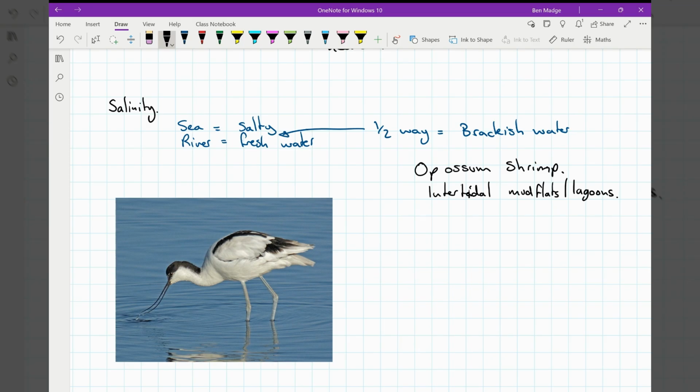That is where it's very well found, or there's a lot of it, and you have certain waders and bird species which are adapted to consume them.